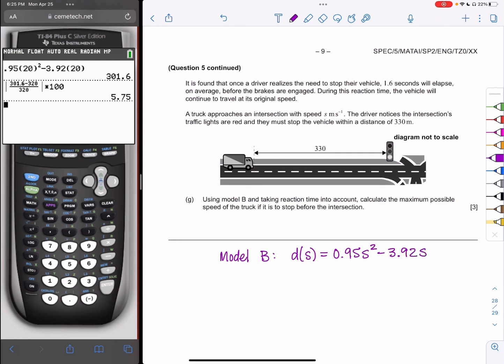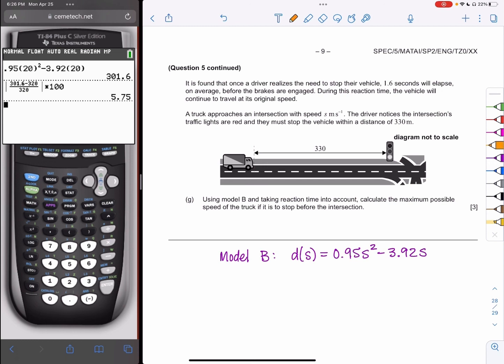All right, because that is model B, remember we need to take into account the reaction time. So I know that this truck needs to stop within a distance of 330 meters.